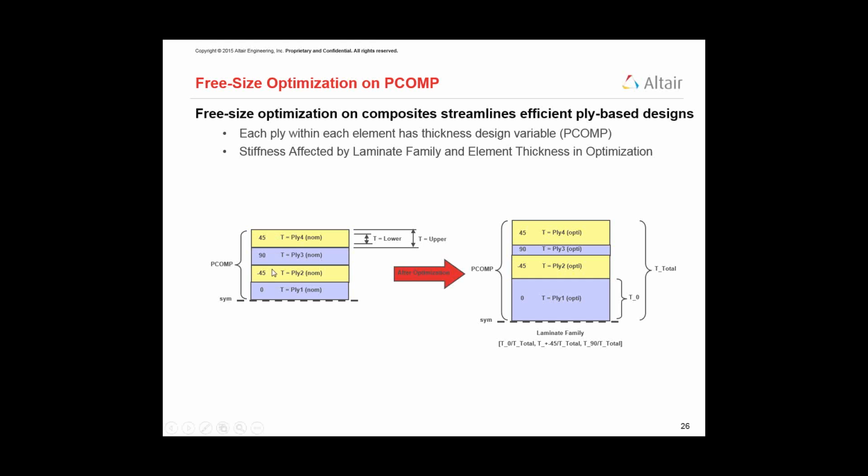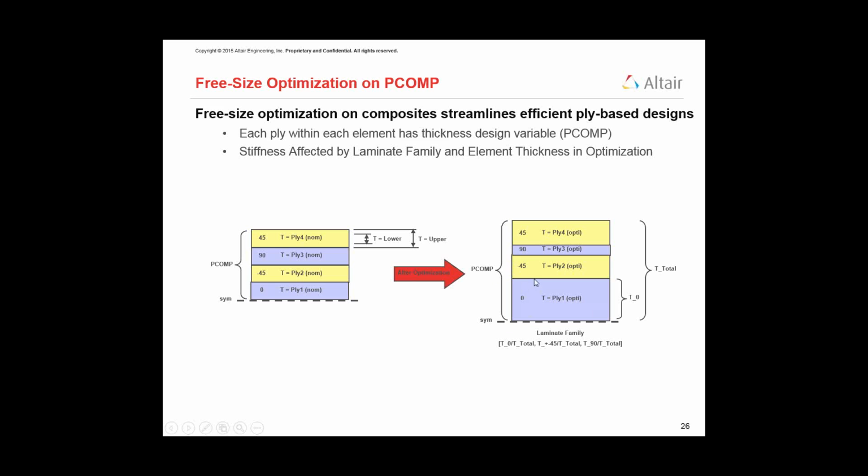Because what can happen is we can establish a base thickness for each orientation of composite, and since OptiStruct alters thicknesses, it will alter the thickness of each one of those different orientations and end up with what we call superplies. So in this case, the ply angle of 0 is required to have this amount of thickness, 45 and negative 45 this amount, and 90 this amount.